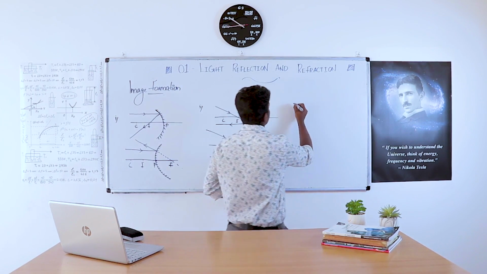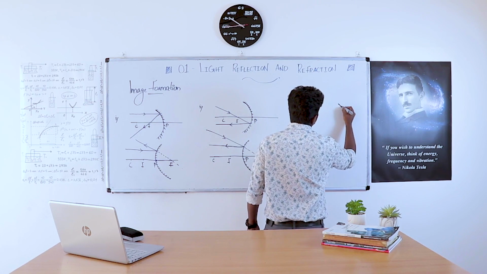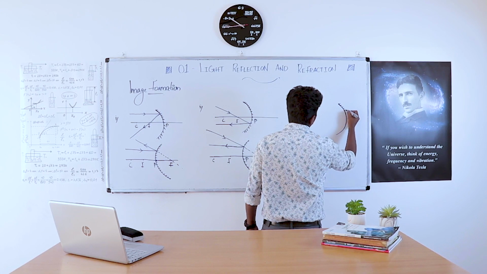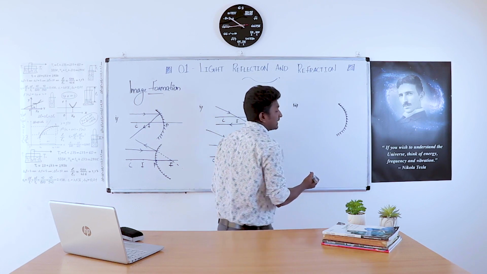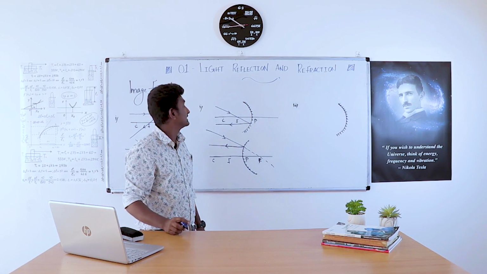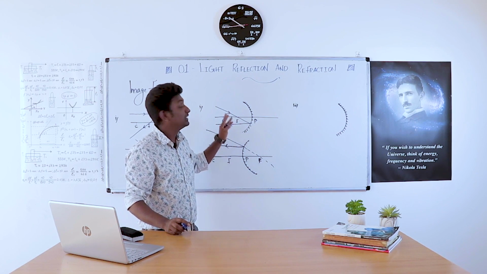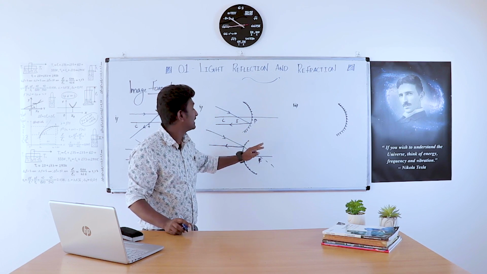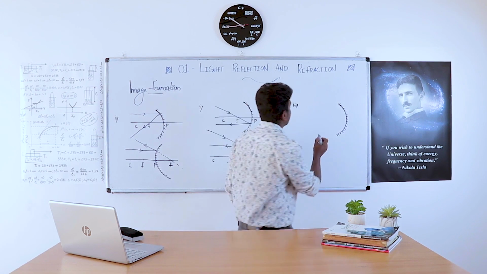Now moving to the third case. In the third case, it says that a ray of light passing through the center of curvature retraces the same path. That means it never changes the path. When the ray of light is coming through the center of curvature, then after reflection from the mirror, it retraces the same path.